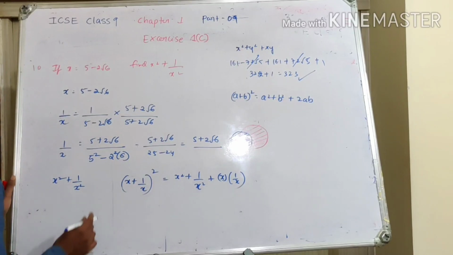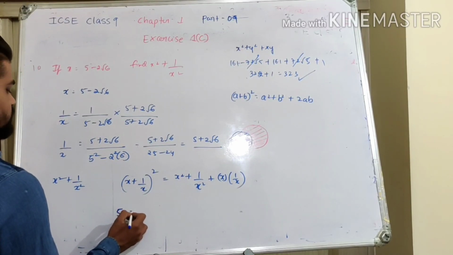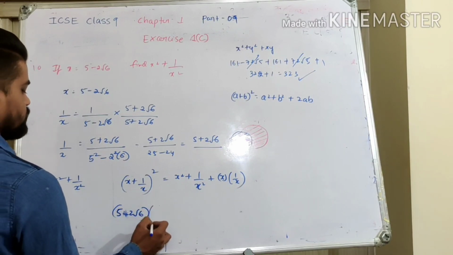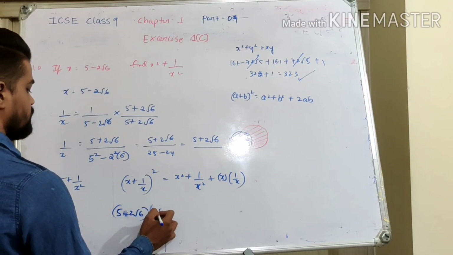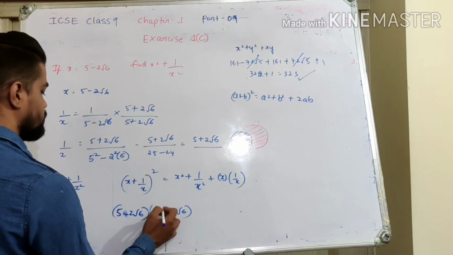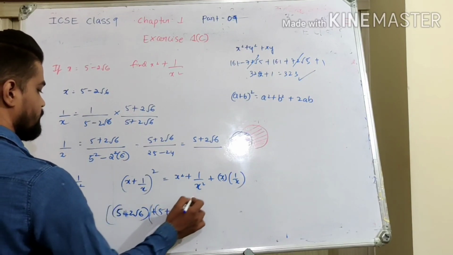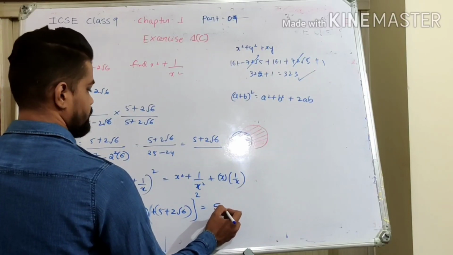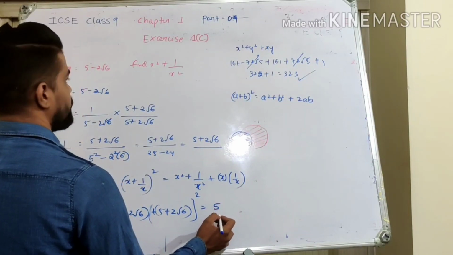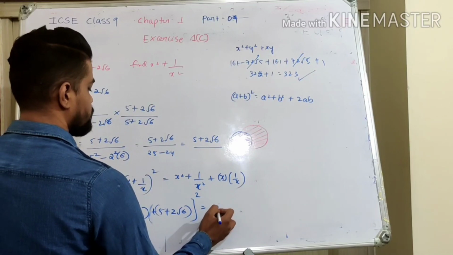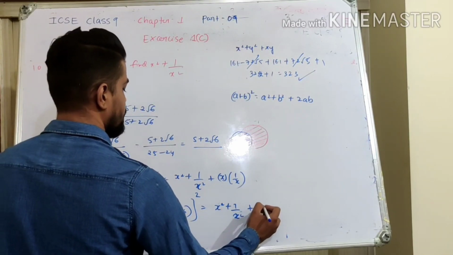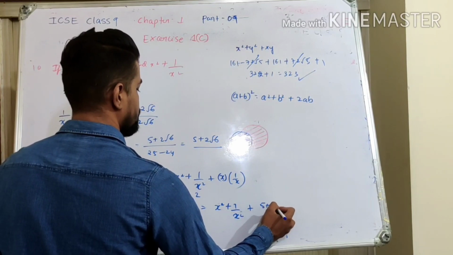x plus 1 by x is what? 5 minus 2 root 6 plus 5 plus 2 root 6 whole square is equal to x square plus 1 by x square. You don't have to square it. That's what we have to find out.